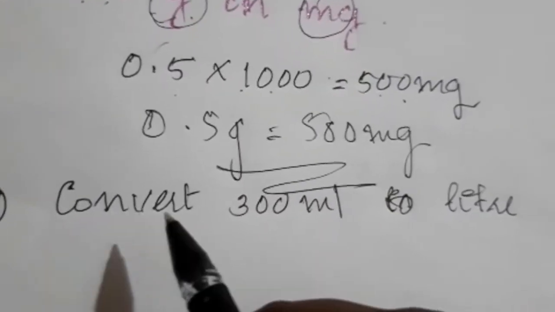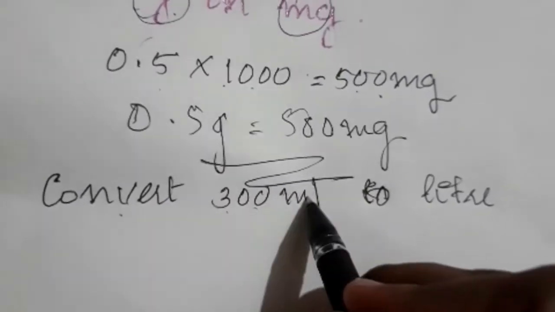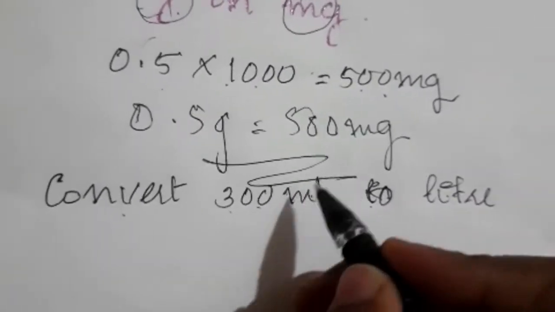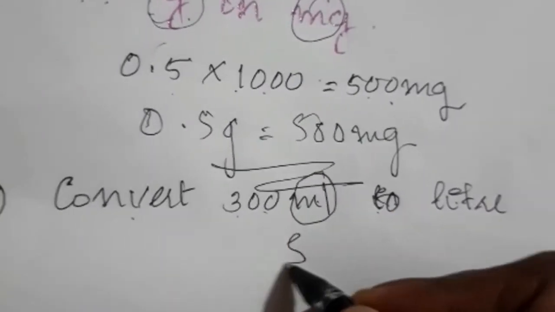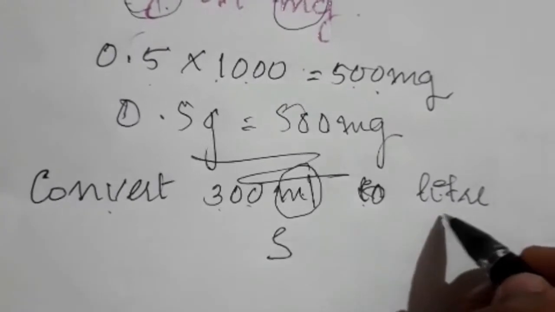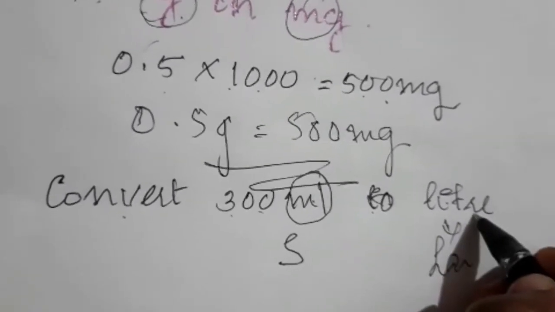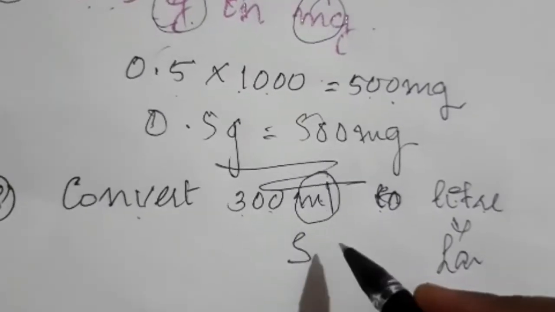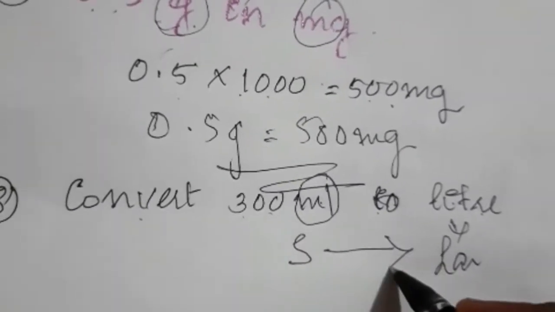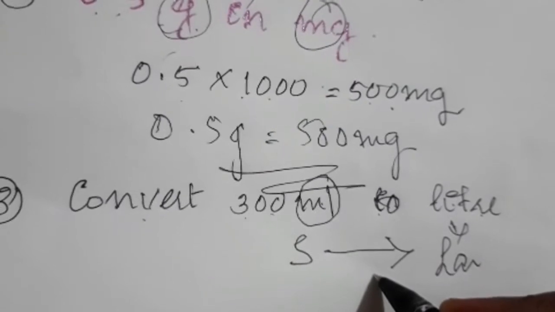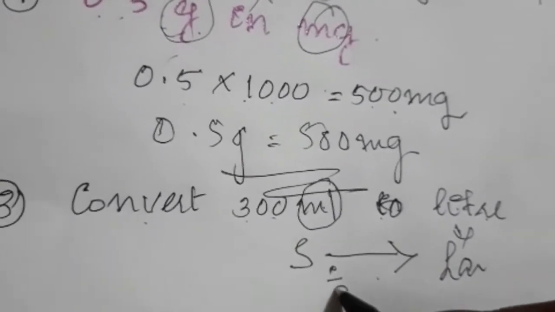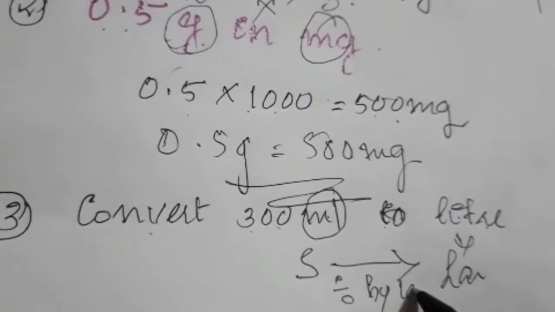Another example, if we need to convert 300 ml to liter, here ml is the smallest unit and liter is the largest unit, same like a kilogram. So here we need to convert from smallest to largest, so we have to divide by 1000.